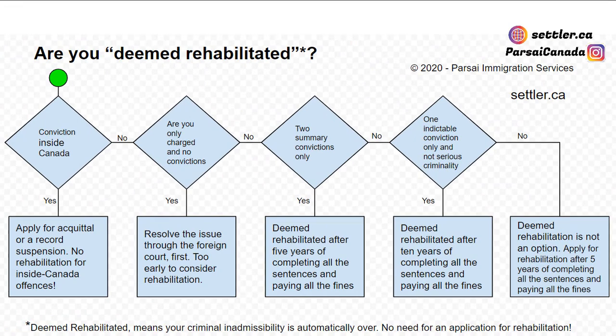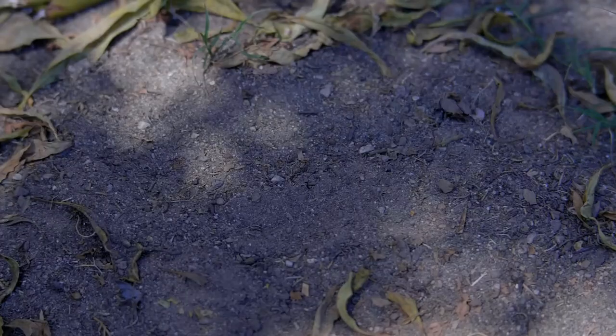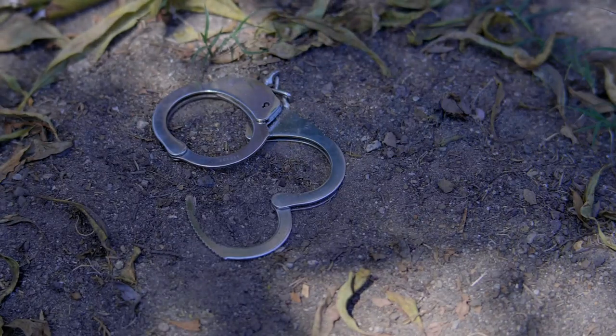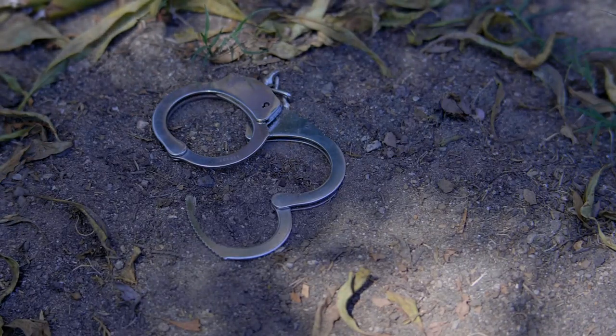But deemed rehabilitation is not an option. And again, I repeat, deemed rehabilitation means that your criminality is over from the point of view of the Canadian immigration system.